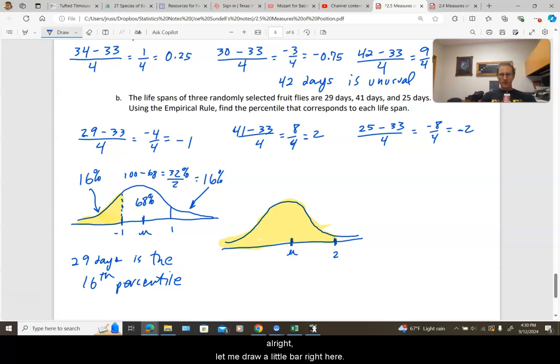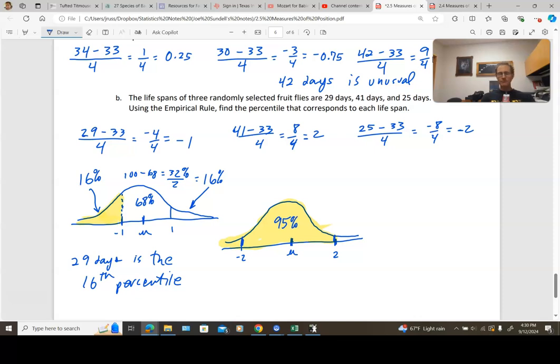There's several, all right, let me draw a little bar right here. So there's several ways that you can think about this. I'm going to take the approach that I used previously. The empirical rule tells us that within 2 standard deviations of the mean, we have 95% of our data. So that means from right here, -2 to +2, we have 95% of the data.